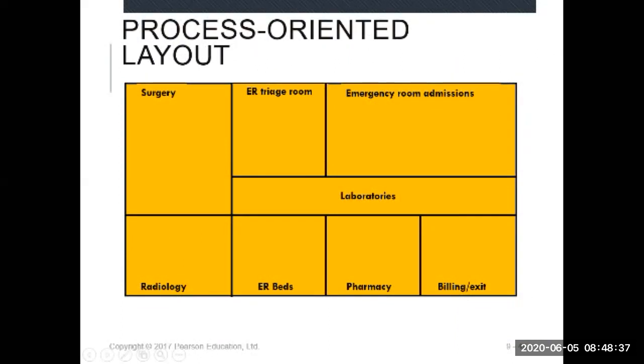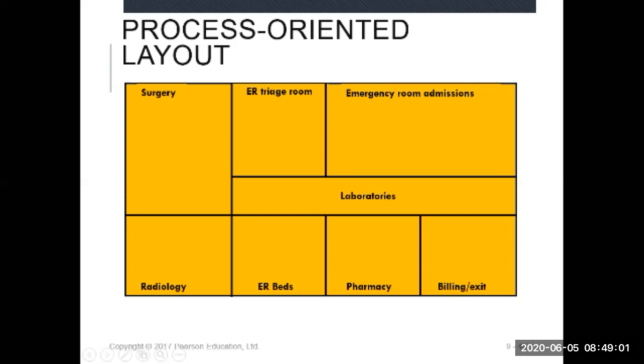Radiology has MRI, CT scan, X-ray, different types of equipment, but it is considered a similar process, so it is in one area, together with the radiology expert. Then the ER beds, the pharmacy area, and the billing area.